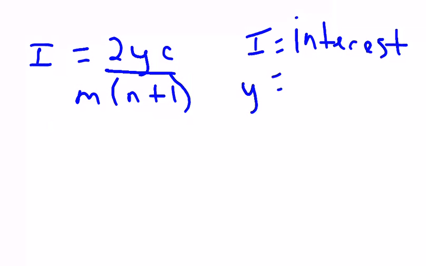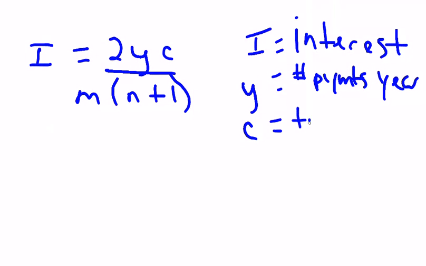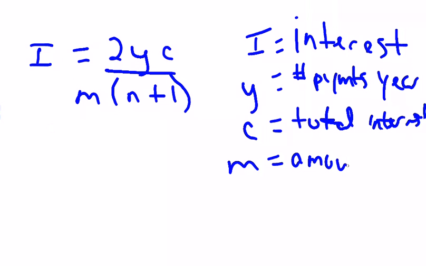The Y is the number of payments in a year. So most of the time, that's 12. C is the total amount of interest. M is the amount financed.